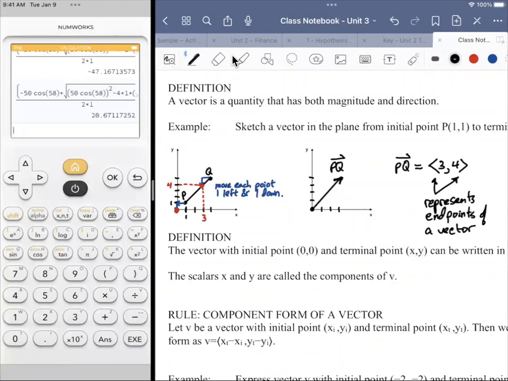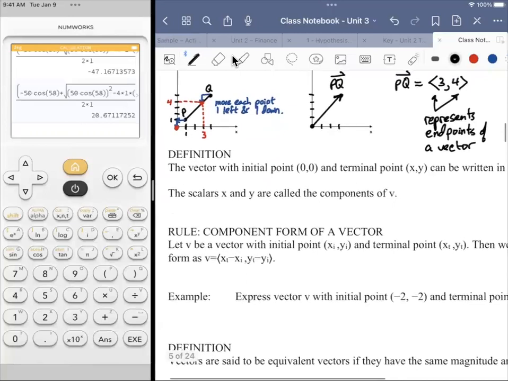That's what I was mentioning last class: you start off talking a lot of trig and then go away from it for a while, but the whole point is that we bring the trig back later with new skills under our belt. We call this the component form of a vector. So that's the notation down here.